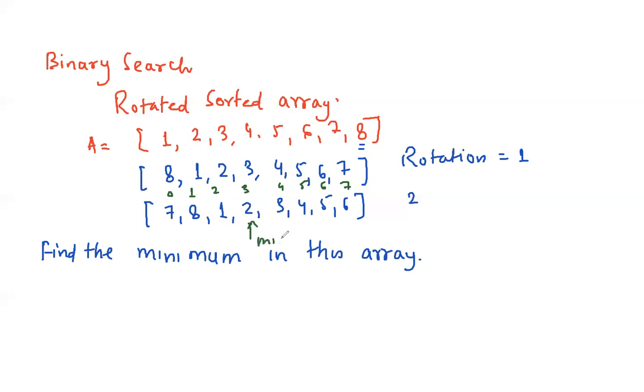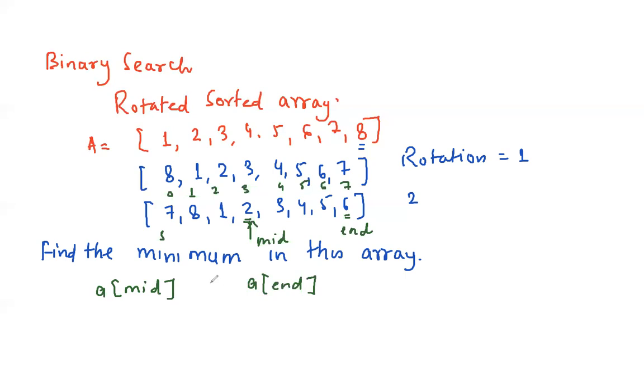You get the mid, and you have end and you have start. What you need to do is compare your mid with the end. So compare A of mid with A of end.